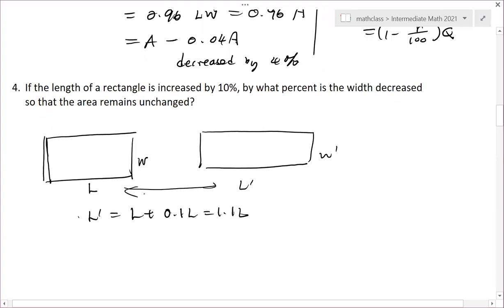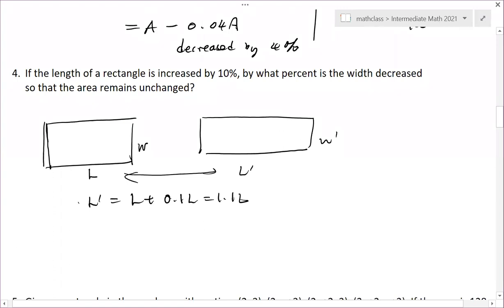And I don't know what the percentage is. W prime should be equal to W minus some unknown amount. So I'm going to put R percent, decrease as a minus R over 100 times W. So that is going to be 1 minus R over 100, where R is unknown.